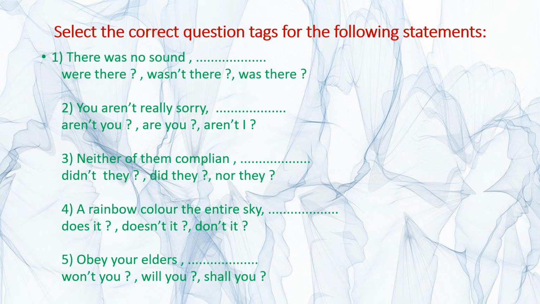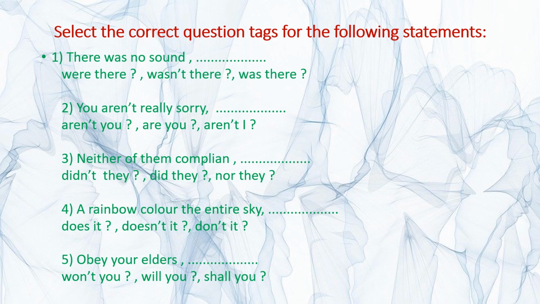Now moving on to the second statement. You aren't really sorry. Aren't means are not. So again here among the options you have to select which option? Not the negative one but the positive one, right? So 2 are negative, aren't you and aren't I. So the option are you is going to be the correct one, right?